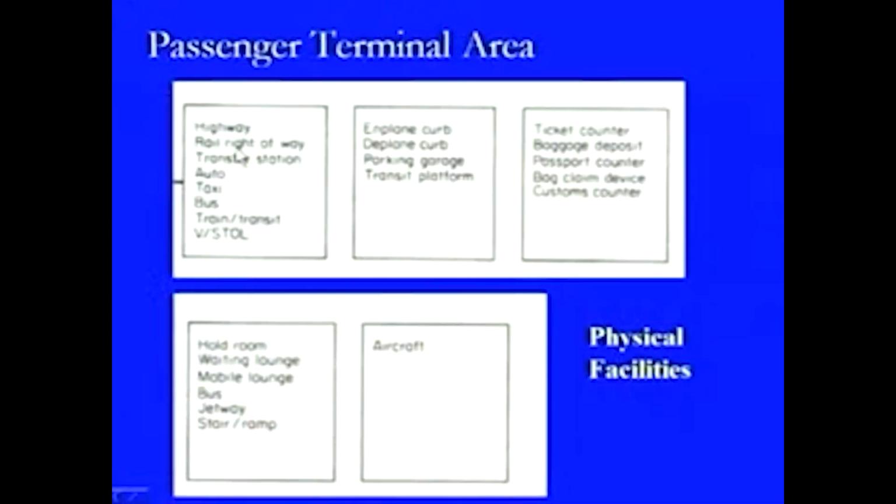Now, if we look at the physical facilities which can be provided, then for the access system or the egress system, we can have highways, or we can have rail right-of-way connectivities, or there may be certain transfer stations in terms of the various modes like auto rickshaw or a taxi or a bus, or at times there can be a facility in terms of a train or mass transit system being provided, like metros, or rail connectivity.